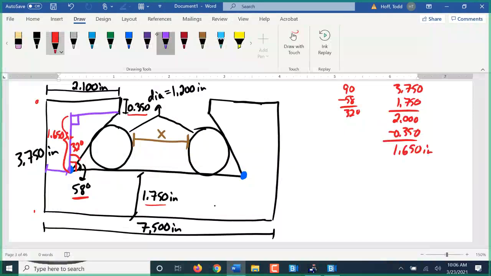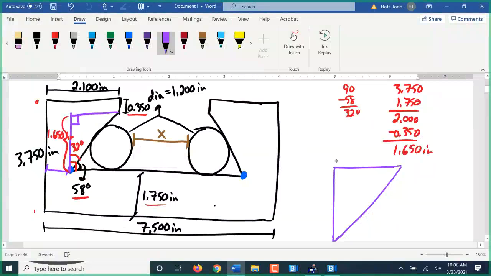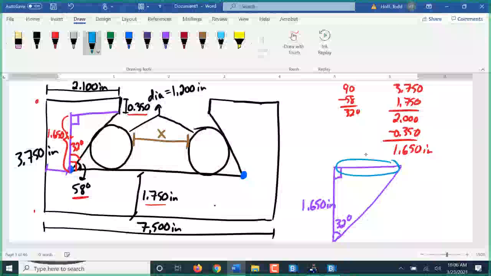I'm going to redraw that purple triangle over here, just to give us a little more space to work with it. We have 32 degrees here and 1.650 inches. What I need to find, the dimension I'm interested in, is this one up here. According to my 32 degrees, that's the opposite side. I have the 1.650, which is the adjacent side.